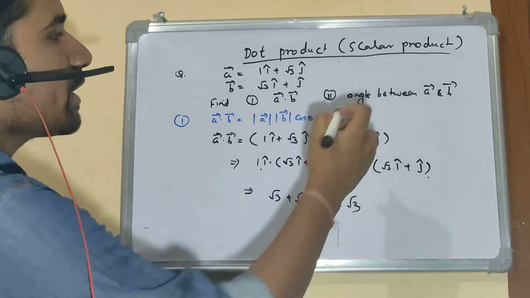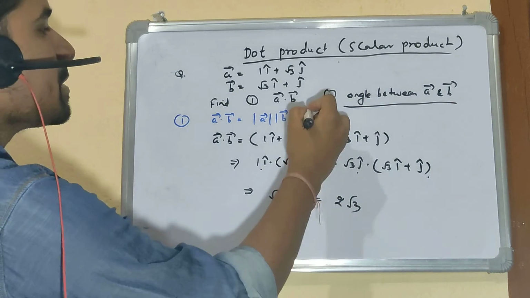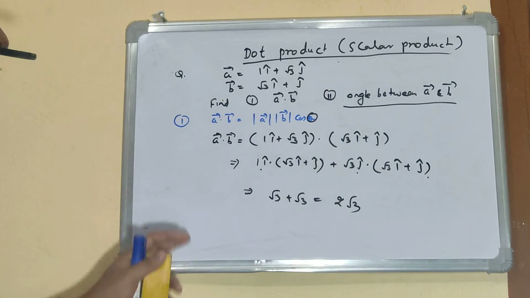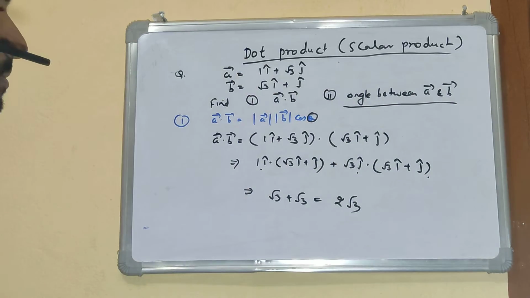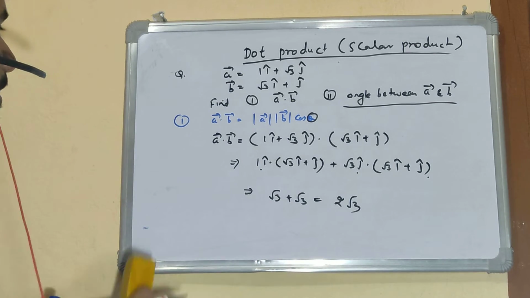Now I need to find the angle between A and B, which means I need to find theta. Can I use the same formula? I know the dot product A dot B is 2 root 3.